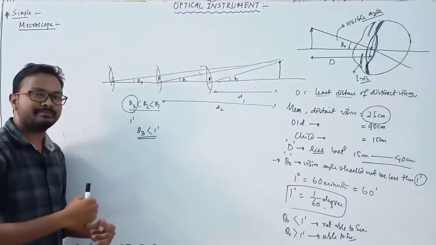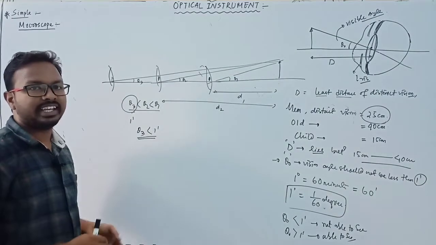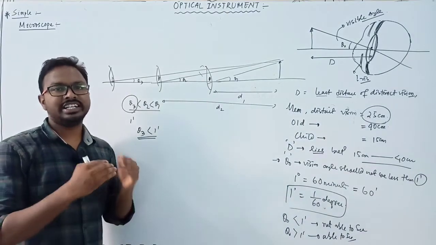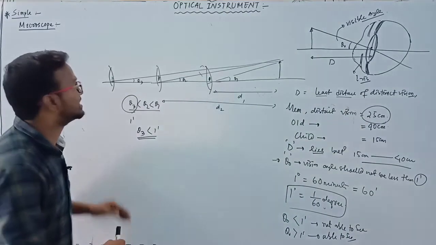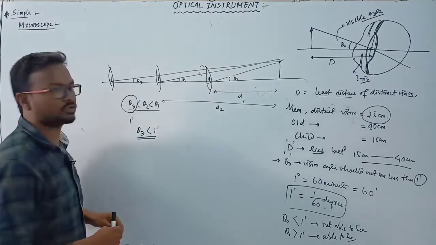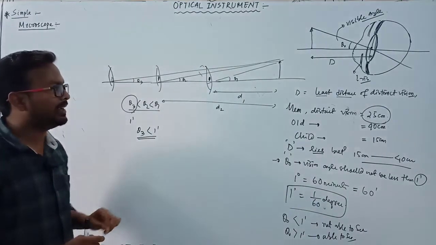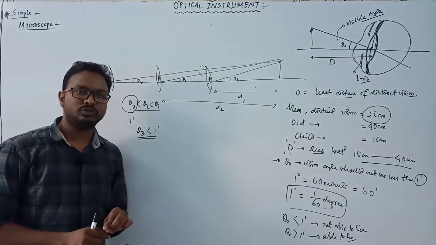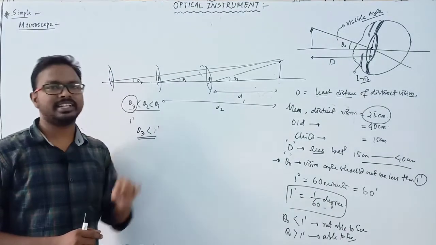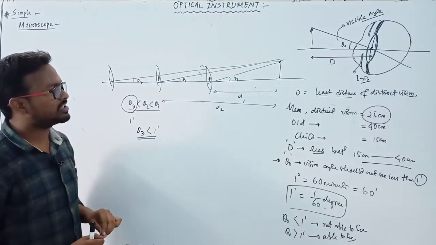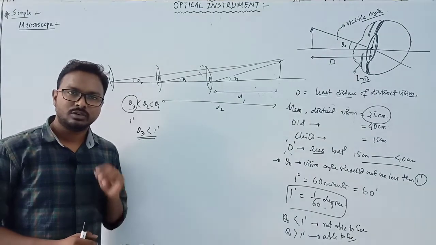At that time we need to use a convex lens, or a magnifying lens, that is known as a simple microscope. Clear? For an object which cannot be seen with the naked eye, we have to use a simple microscope, also known as a magnifying microscope. Why?